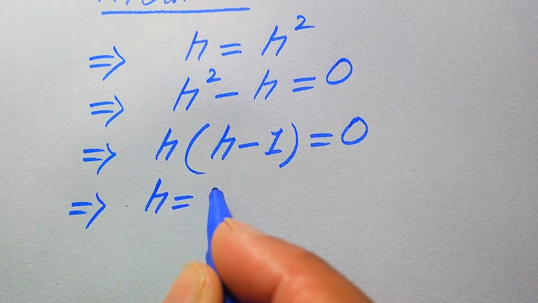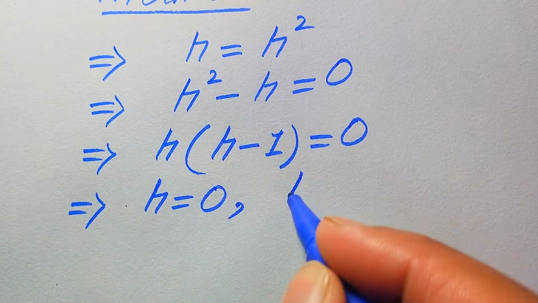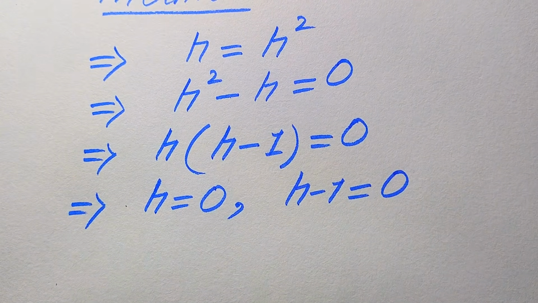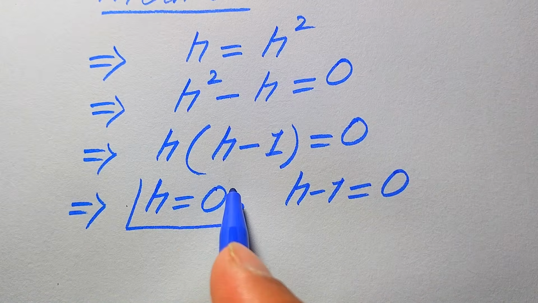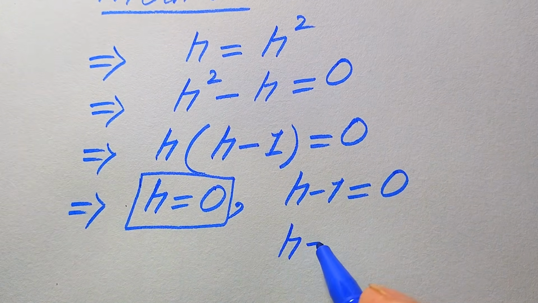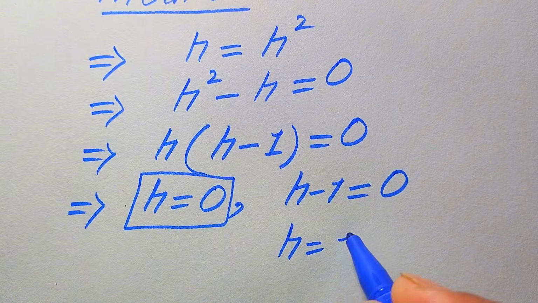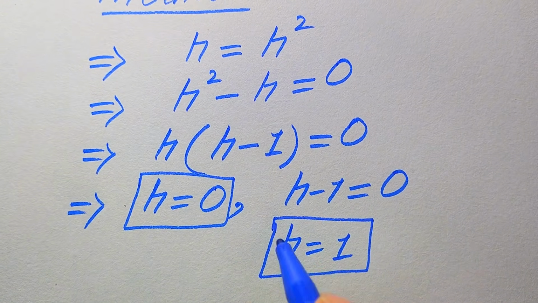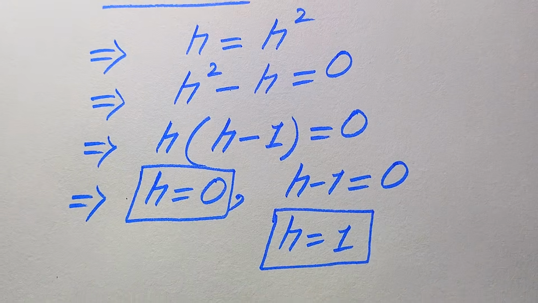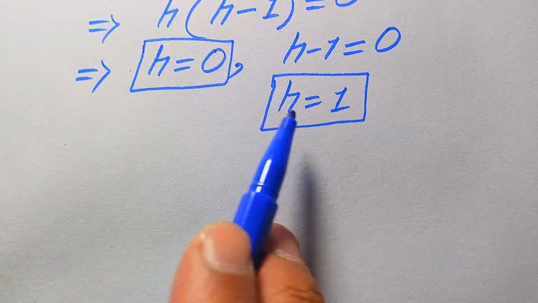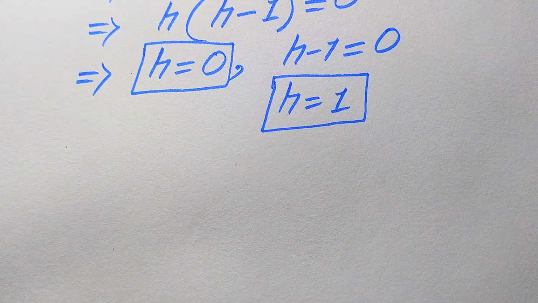The first case is h is equal to 0, and the second case is h minus 1 equals 0. So this is the first root of the given equation, and for the other root, we move this minus 1 to the right hand side, and we obtain the second root of the given equation, h equals 1. So from the first method we get these two roots of the given equation.